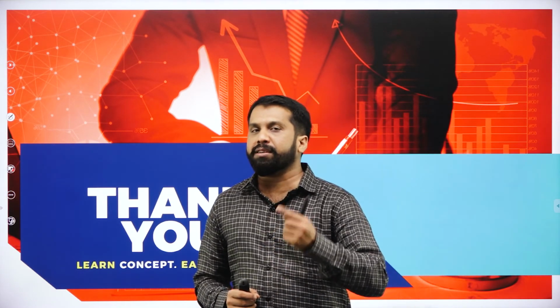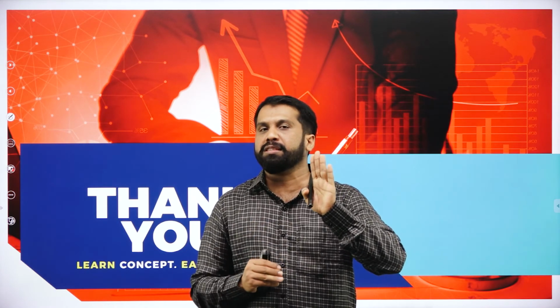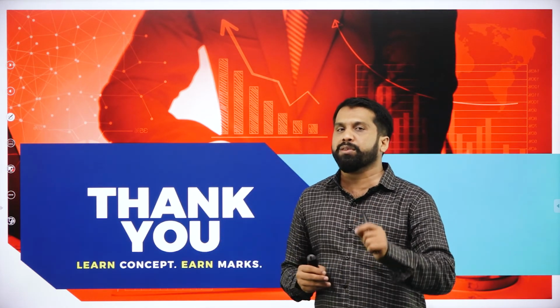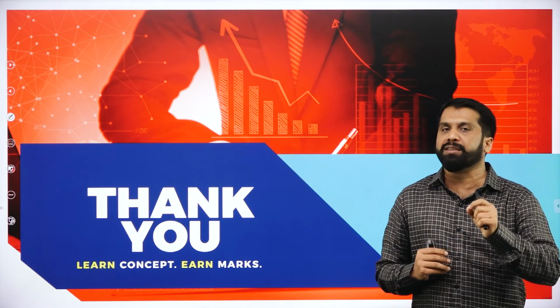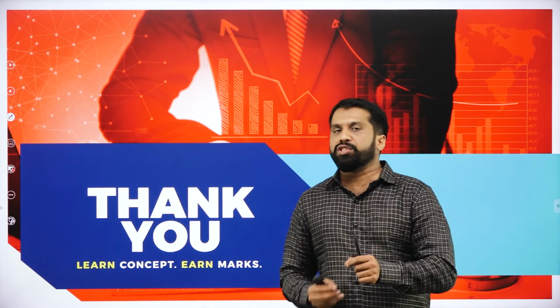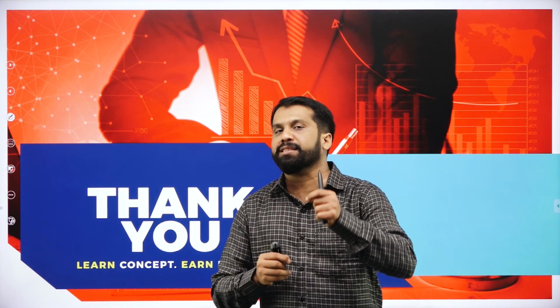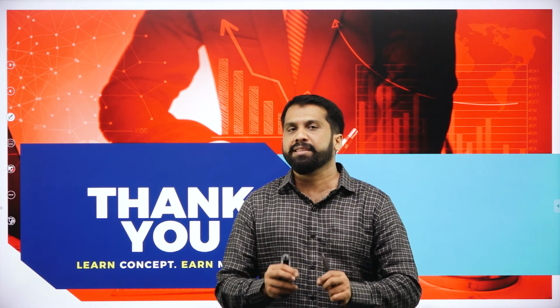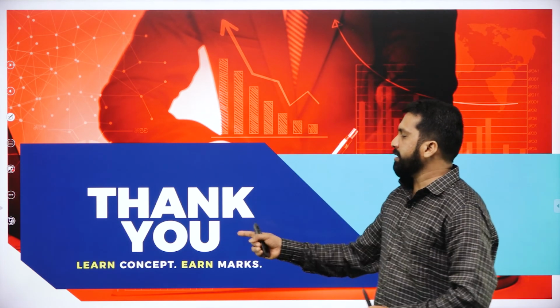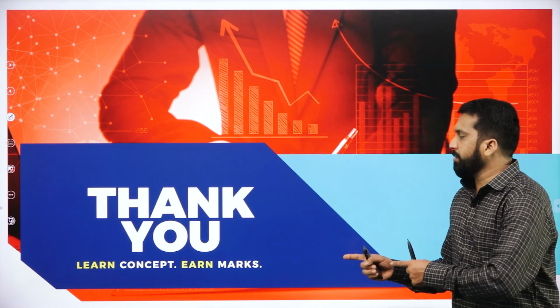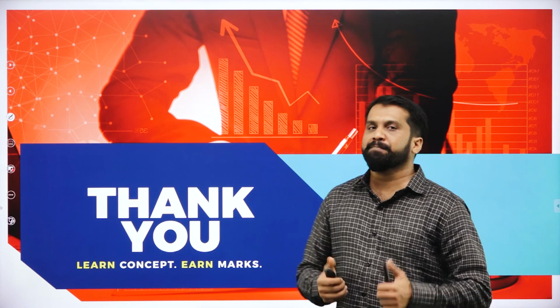Once you get the question paper, or any previous year's question paper, or the textbook, open the financial statement. In the question, take a pencil and find which items come under the trading account. Clear? I'll end this session with the saying: learn concepts and earn marks.